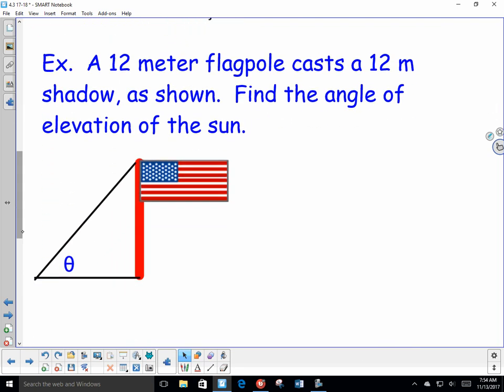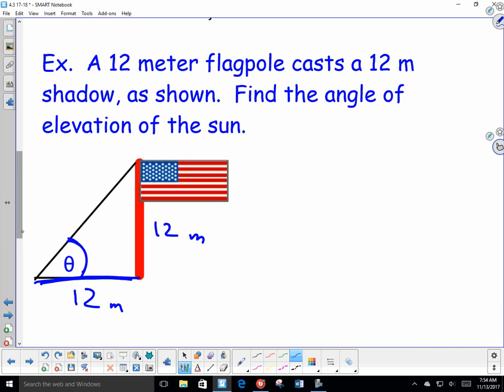Let's take a look at this example. This is not really an angle of depression or angle of elevation problem, but let's take a look. A 12-meter flagpole casts a 12-meter shadow as shown in the picture. So here's the 12-meter flagpole, and the sun is shining, and this is the shadow that's being cast, and that's also 12 meters, and we're supposed to find the angle of the sun.